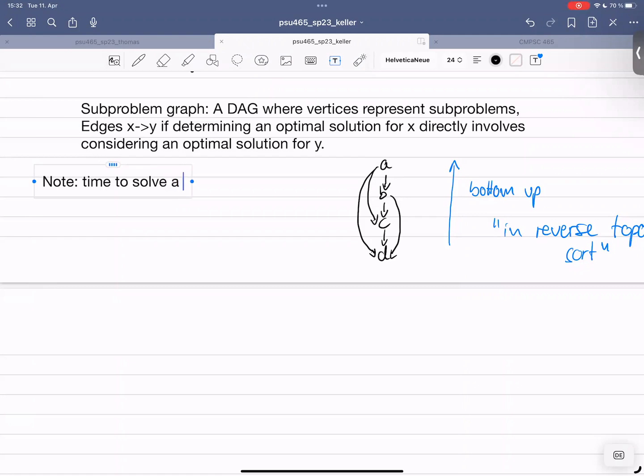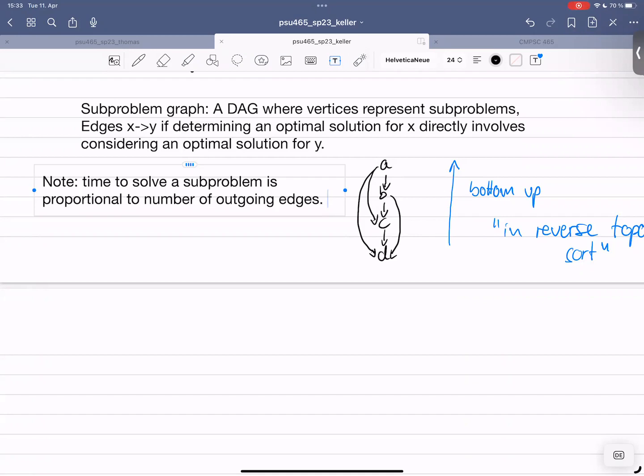The time to solve a subproblem is proportional to the number of outgoing edges. Here it is outgoing, but in the previous example, outgoing would mean incoming edges. This is basically the number of predecessors through which you can reach a certain number.